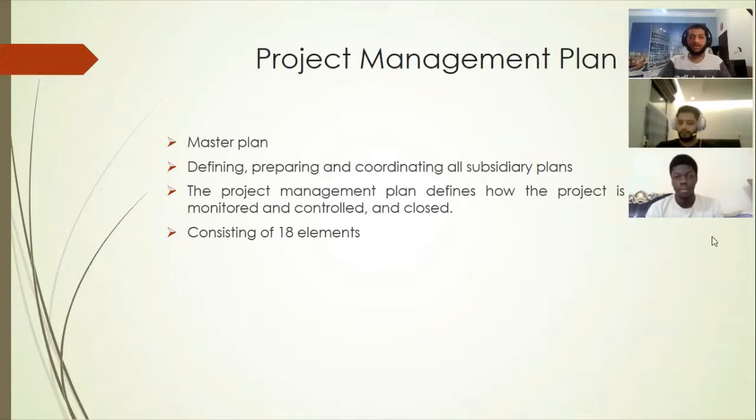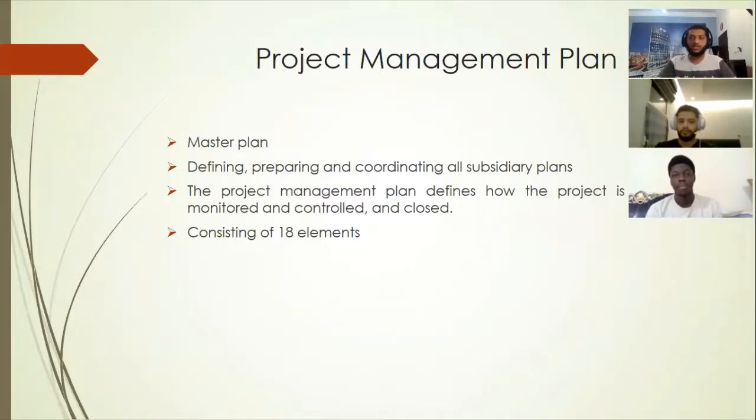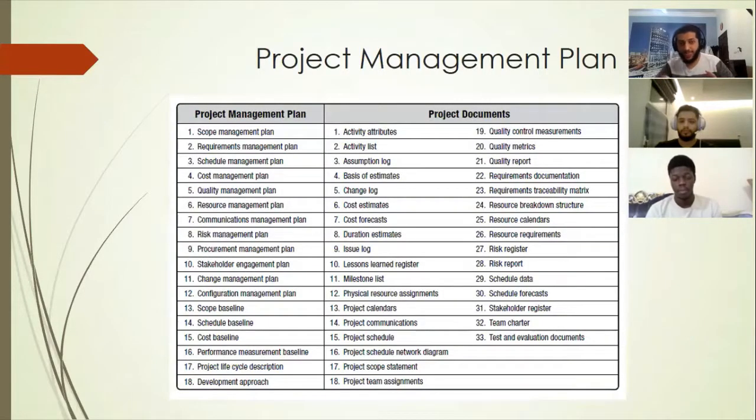The project management plan defines how the project is executed, maintained, and controlled, and finally closed. And it consists of 18 different elements, and we will show them in our next slides.